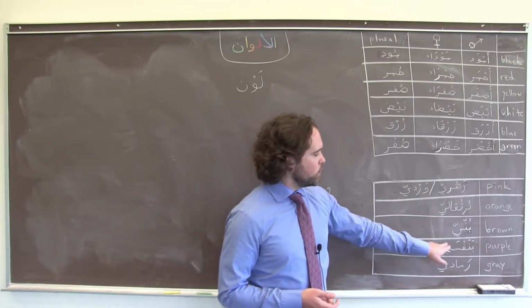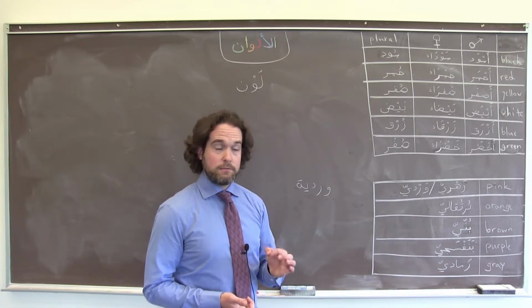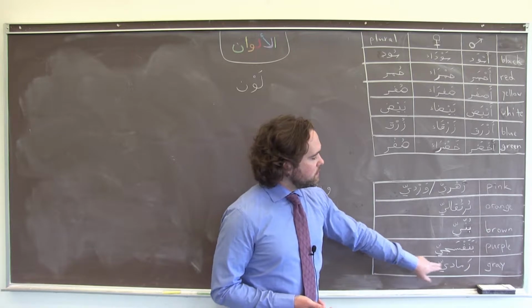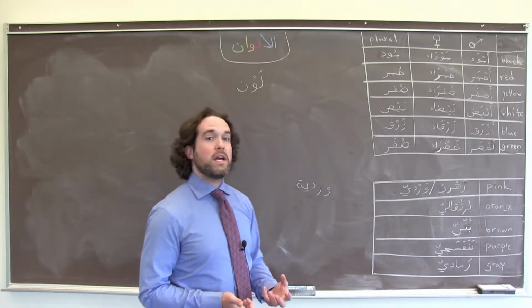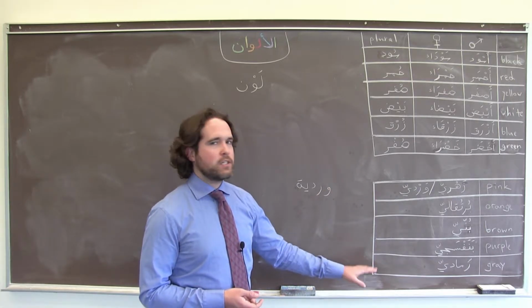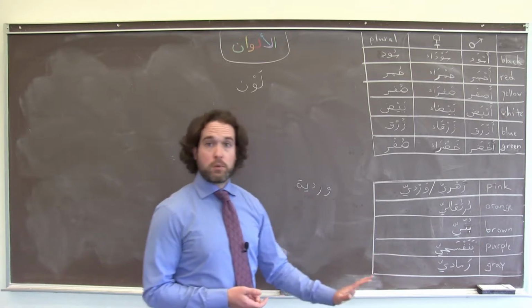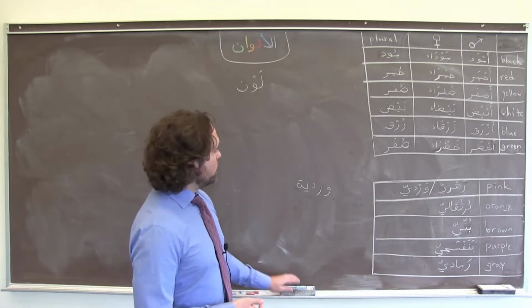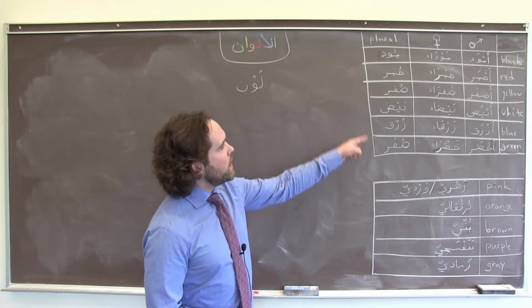Banafsaji, the word banafsaj is violet, as in the little flowers. Ramadi, ramad is ash. So ramadi, something that's gray, is something that's ashy colored. Again, all of these nisba adjectives work exactly like the nisba adjectives that you already know and have probably already been working with. Where it gets different is with the colors we see up at the top here.